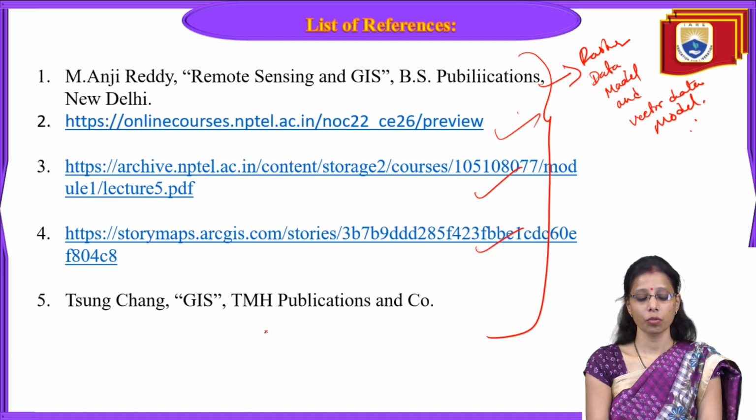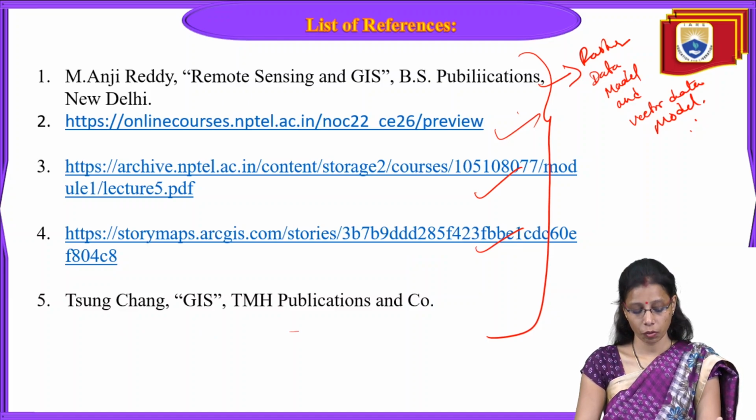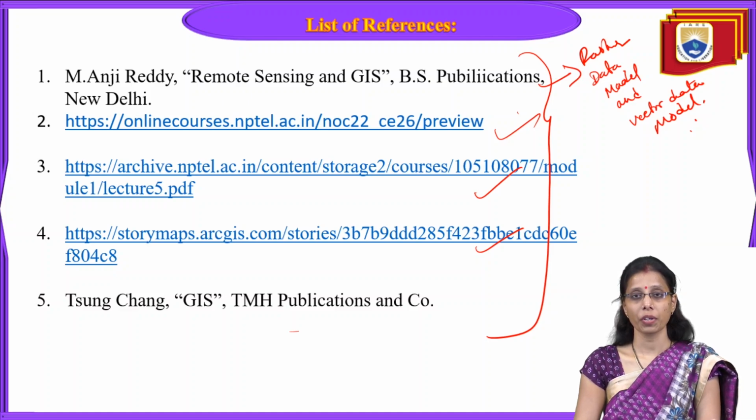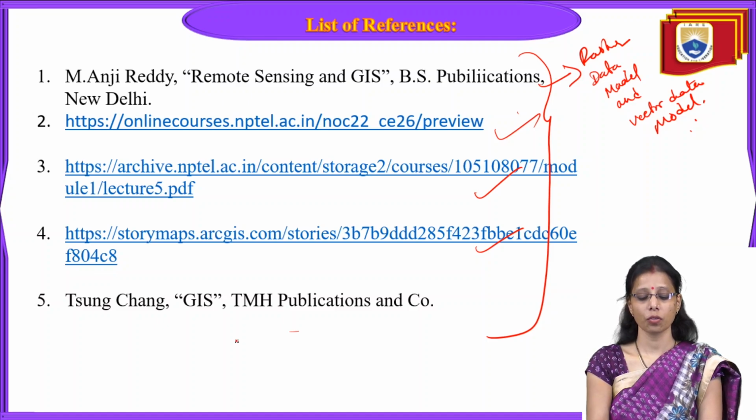Later you can go through Stan Chang, GIS, TMH Publications and Corporation book, for information about GIS applications and the raster and vector representation of how the data is represented from the real world to the map, from 3D to 2D system.